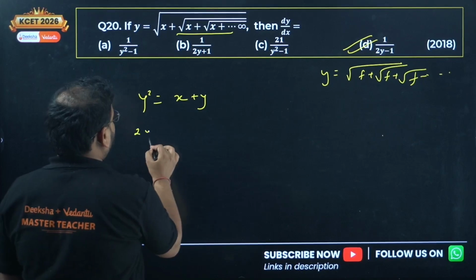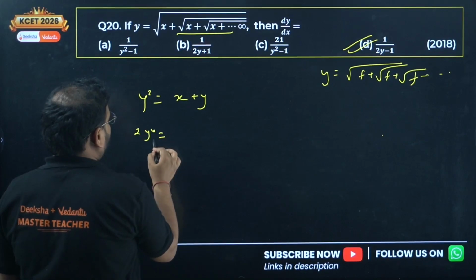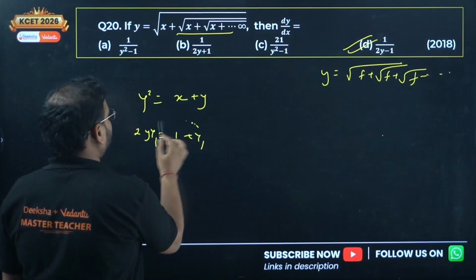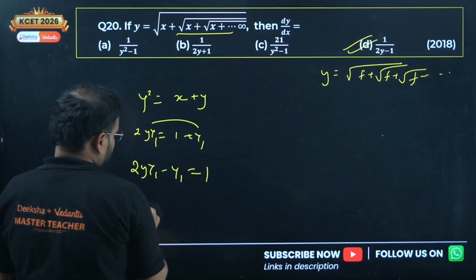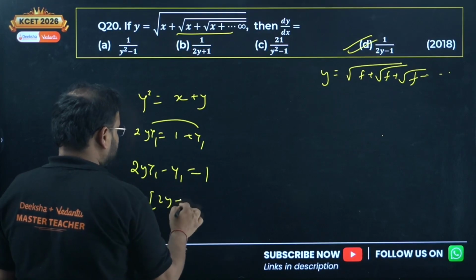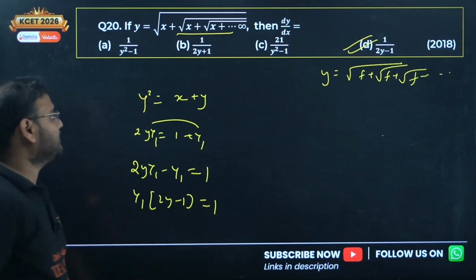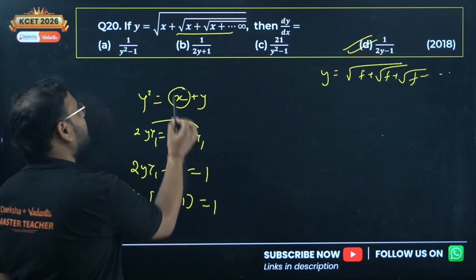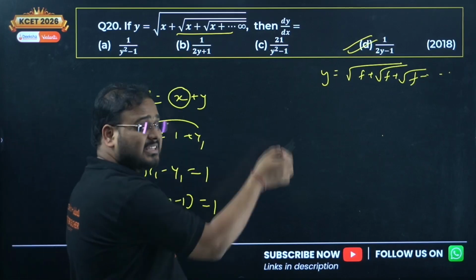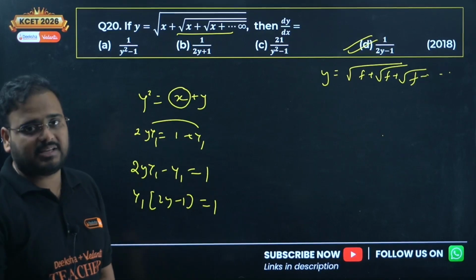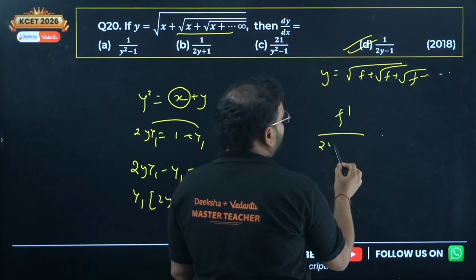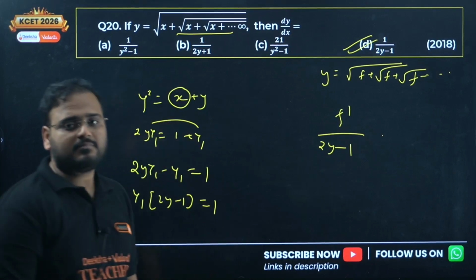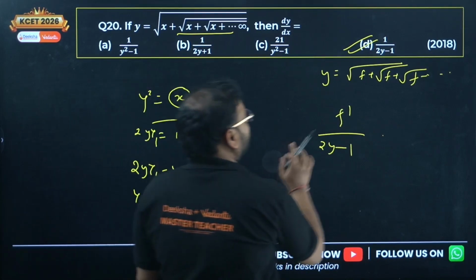Differentiate, you will have 2y y1 equals 1 plus y1. Bring it to one side. You get 2y y1 minus y1 equals 1. Take y1 common. You have 2y minus 1 equals 1 on that side. That's why I said derivative of the function f, so f dash by 2y minus 1. Always that same thing. Always remember this. F dash upon 2y minus 1. In this case, f dash is 1. So direct answer.